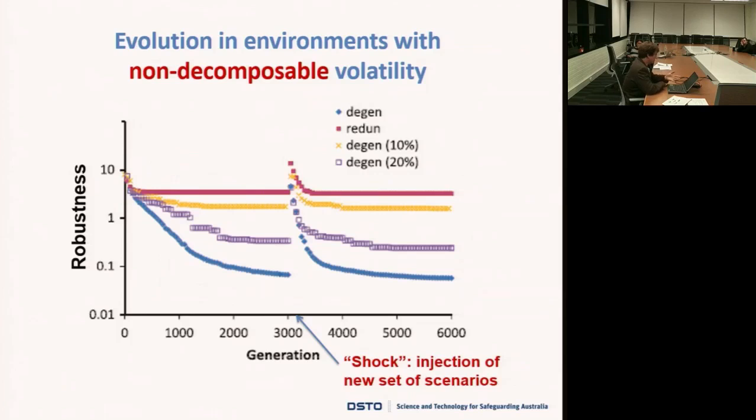Now what this tells you is that degenerate fleets are most likely more able to deal with unexpected change than purely redundant fleets.